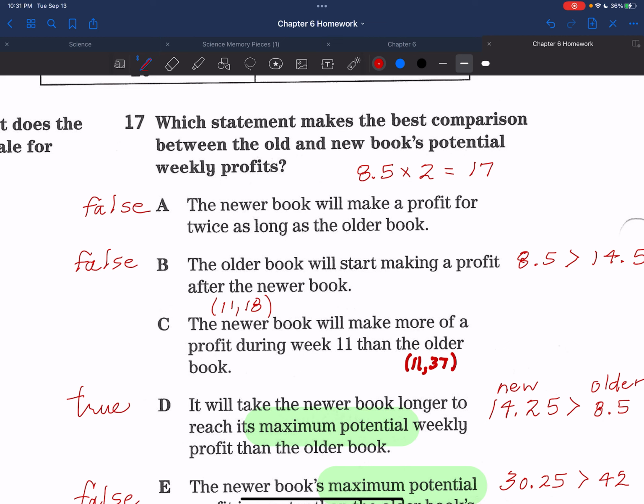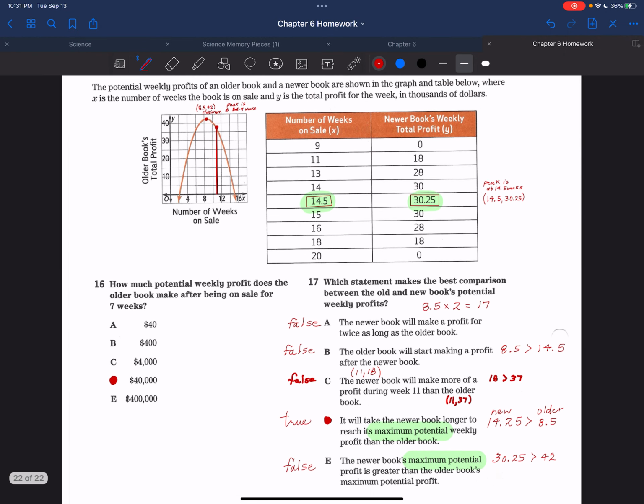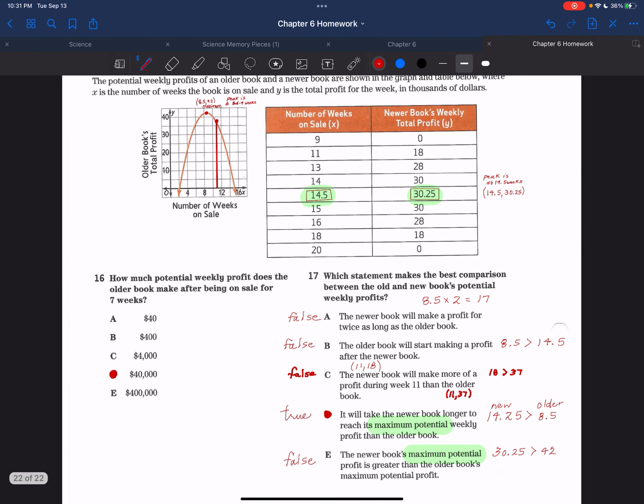That is not a true statement. This is saying 18 is more than 37. So this is also a false statement. So D is the answer. And since I knew what maximum meant, that was going to help me find that answer. If I had to guess even at that point, I could have told you that number 17 is D. So it looks like numbers 16 and 17 are D.